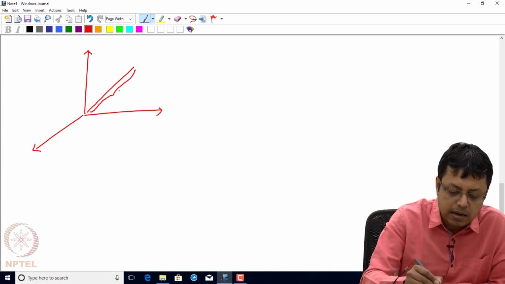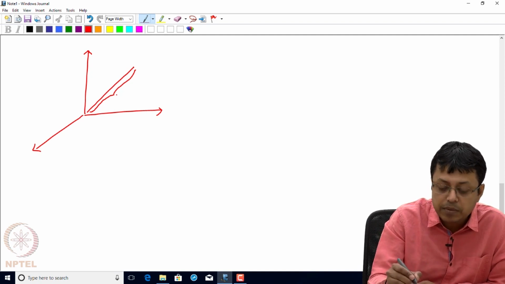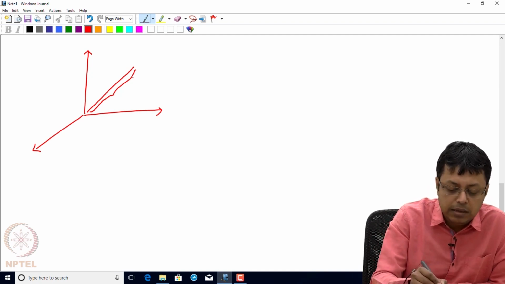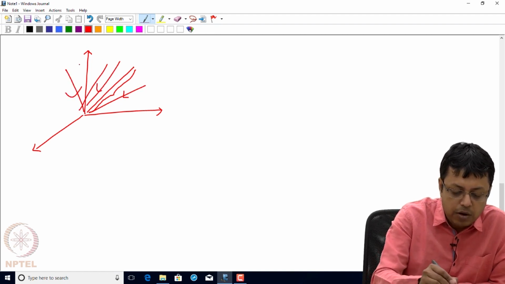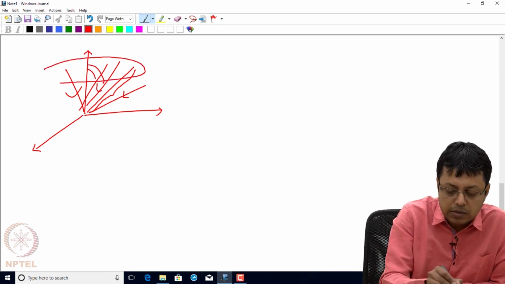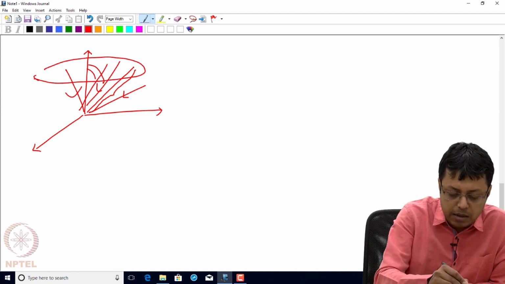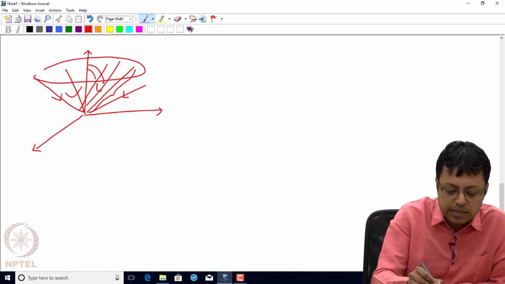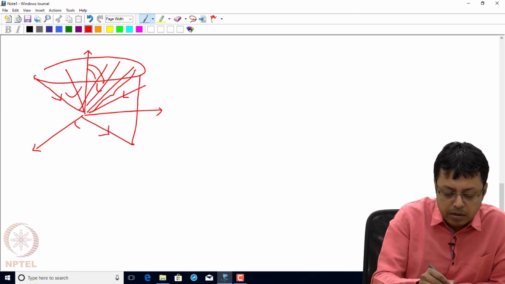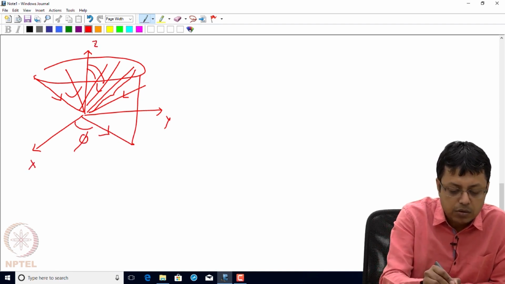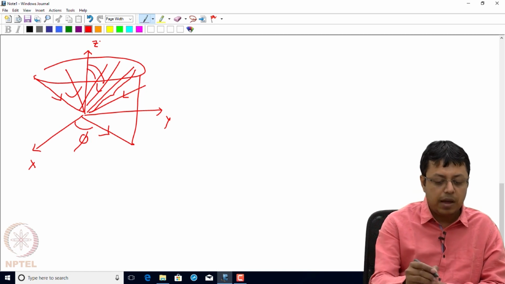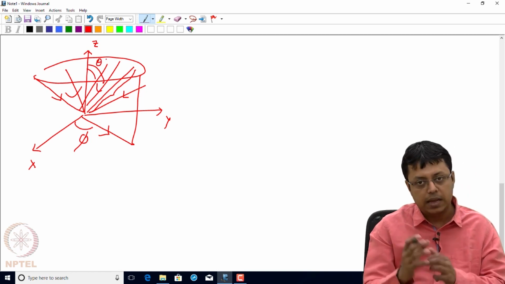But then, as I said, the molecules will have a distribution of speed, and secondly, these molecules are also coming from different directions. They can come from here also, they can come from here, and the inclination angle will be very different. And as you can see, the molecule can come from the same angle but from a very different direction, in the sense that their projection on this xy plane, that angle is also going to change. So we have to actually integrate over these two angles also.